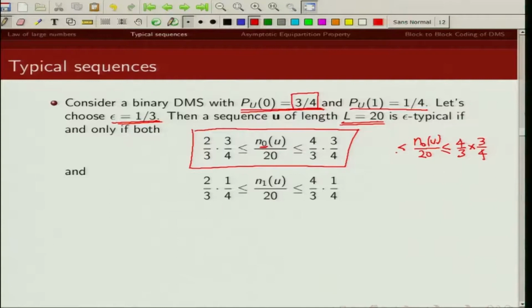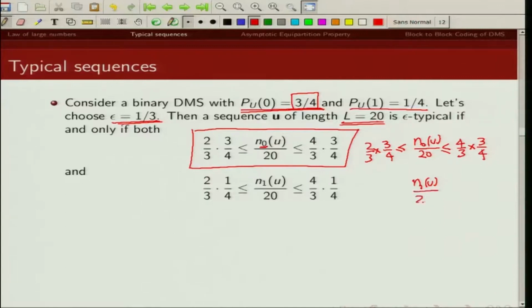And this is lower bounded by 1 minus epsilon. So 1 minus 1 by 3 will be 2 by 3, into probability of occurrence of 0, which is 3 by 4. Okay. Similarly, we can write the relationship for number of occurrence of 1, which I am denoting by N1U.